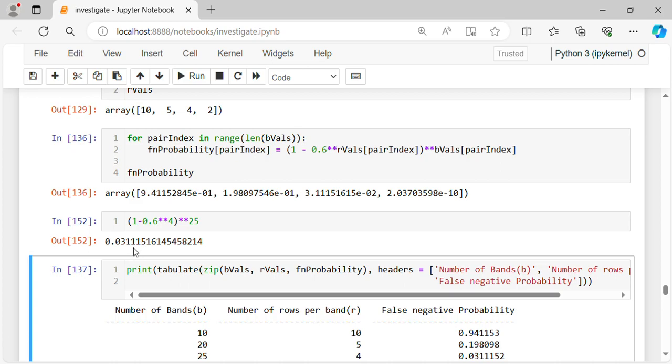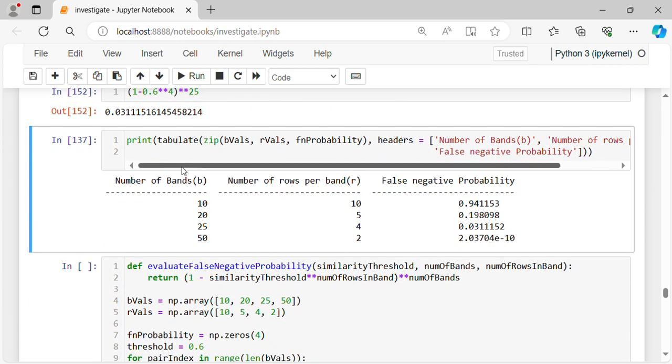That gives 0.03111 and so on. So when we run this, you see in position 2 that's 0.0311 and so on.